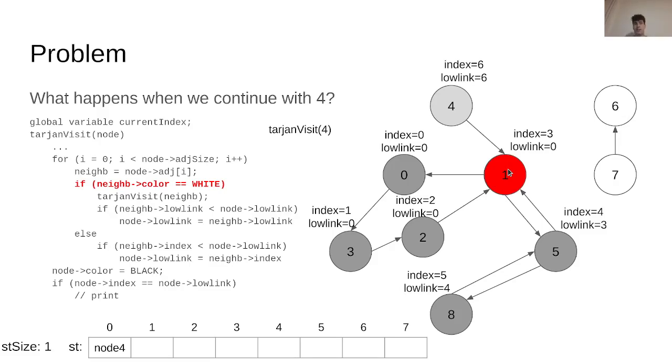But in this case, it's not white. So we go to the else. And we check here, is the neighbor index smaller than the lowlink? And here the index is smaller than the lowlink, so we update the lowlink to 3. So here it's true that from 4 we can get to index 3.